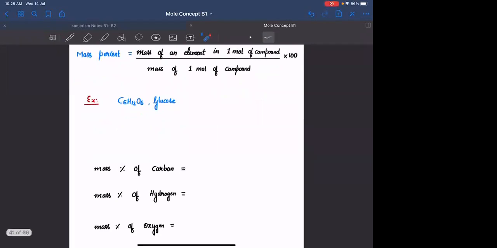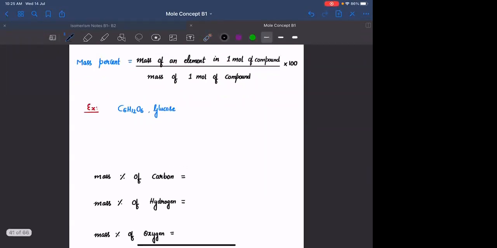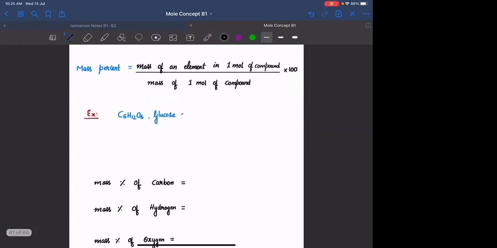Suppose if I take C6H12O6, in C6H12O6 what are the elements you have? Carbon, hydrogen and oxygen. Number of atoms of carbon, you have 6 carbon atoms, you have 12 hydrogen atoms, and you have 6 oxygen atoms.